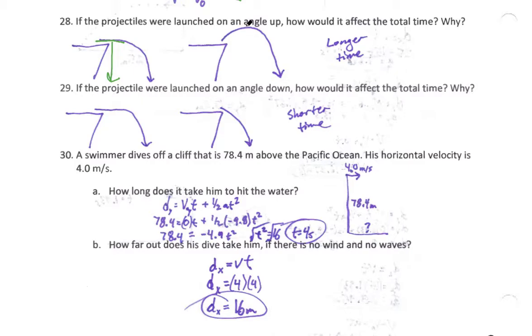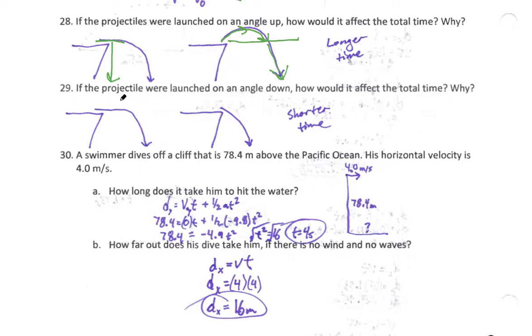In this case, if I were to launch it up at an angle, I would take a longer time because I still have to fall the same distance here, but I also have this initial little arc that I've got going on here. So it's almost like an arc problem and a cliff problem together. It takes time to get up here, takes time to get down here, plus all this time that it normally would have taken. So I've got to add all that up.